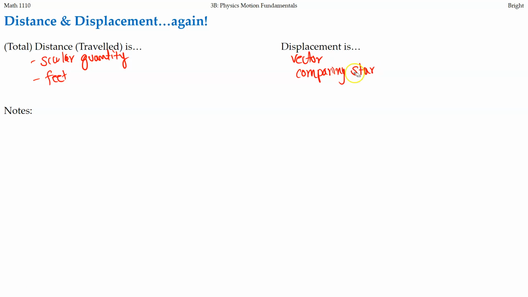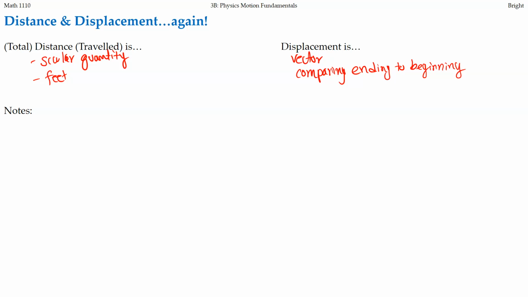So you're comparing ending to beginning, both in terms of position in the plane, in space, and also direction, where we talked about angles. We talked about vectors last time as well, and angles, so we're building off of that.